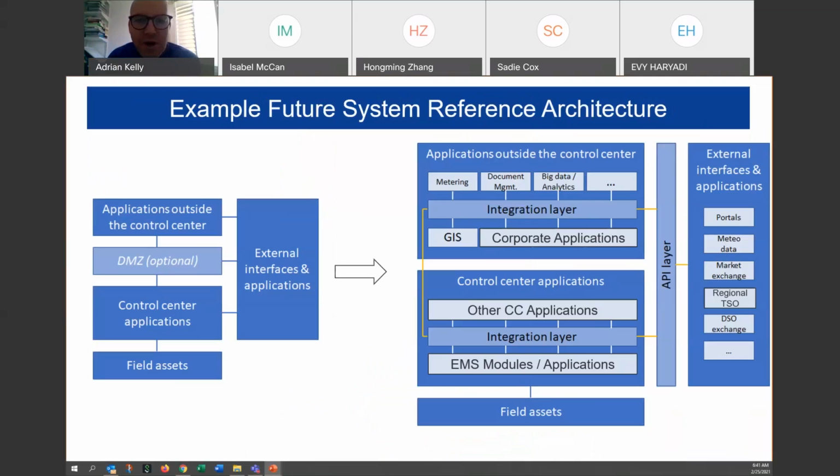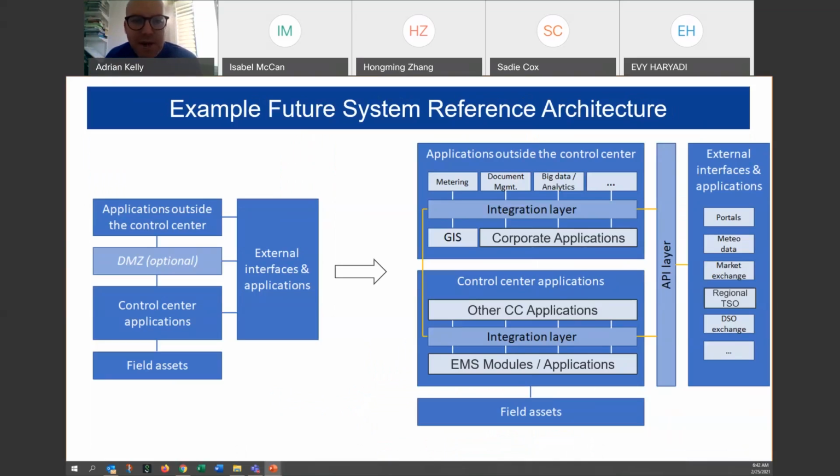Architecture. I know Hong Ming is going to cover this in quite a bit of detail. There's a certain move now to shift application and data architecture from the existing Purdue hierarchical model to something that's more functional for the future control room. We see it here on the left and the right.